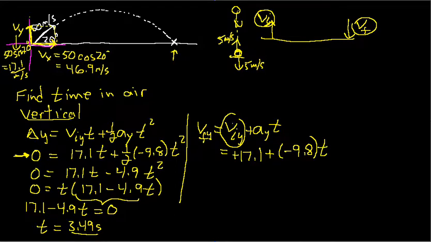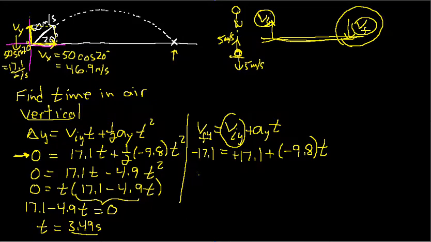If we know the initial launch here is 17.1, then the final is going to be 17.1, but in the opposite direction. It's going to be down, because the final over here is down at 17.1. If it goes up at 17.1, it's going to come down at 17.1 at the same level location.